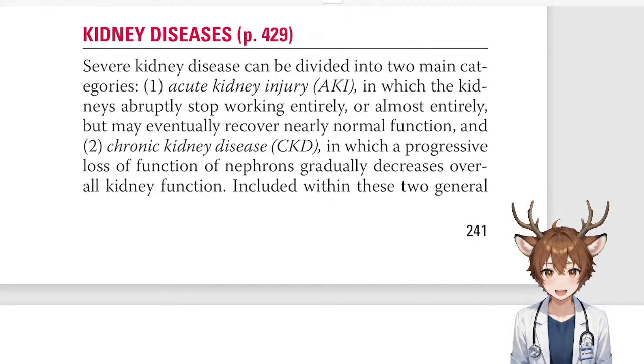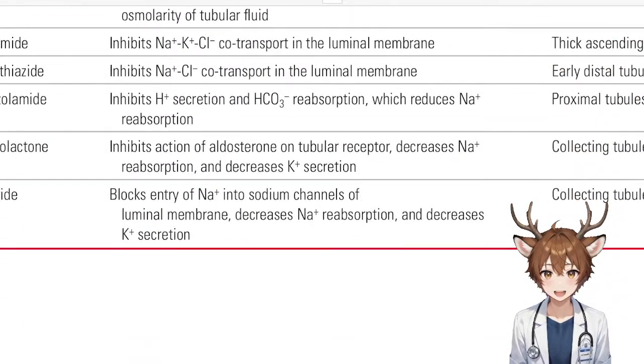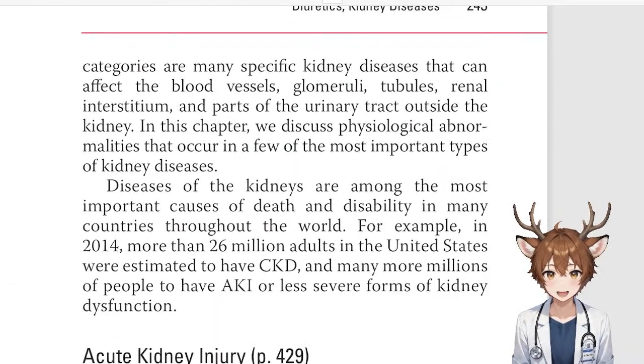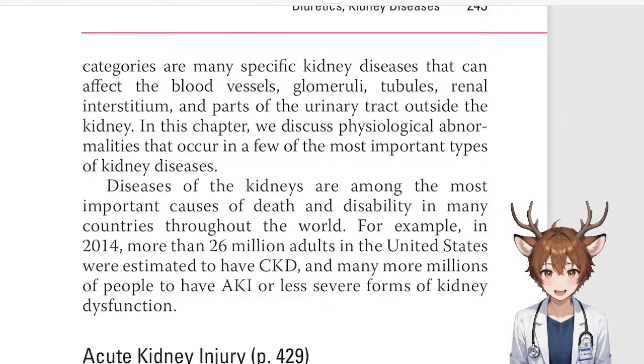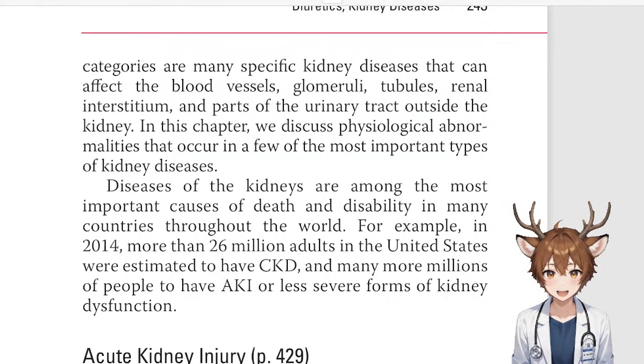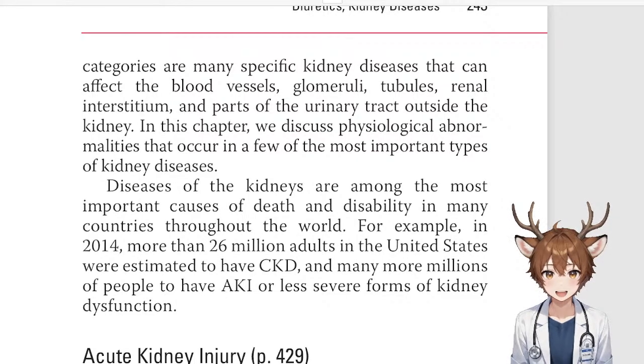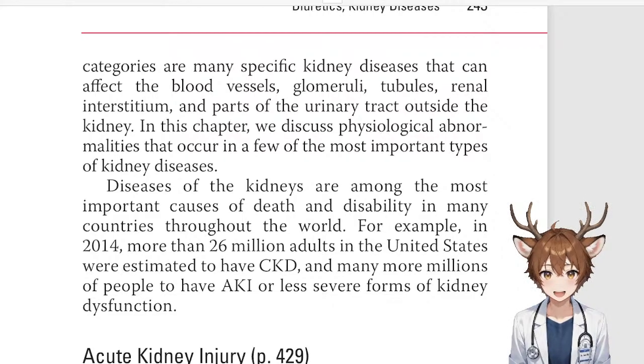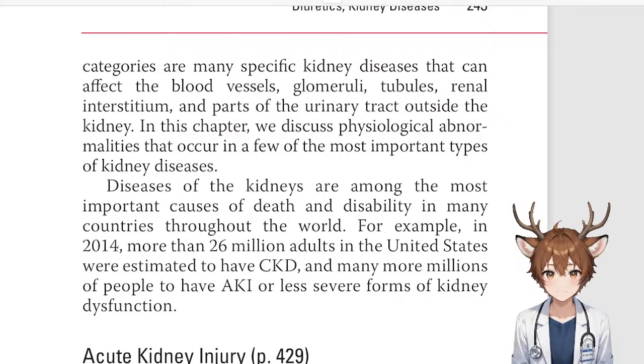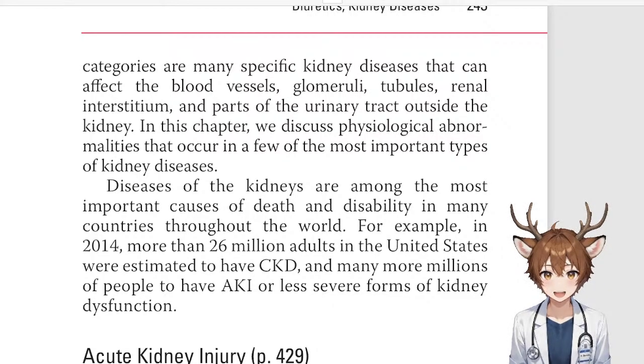Included within these two general categories, and this is a big table, I'll get back to that later, are many specific kidney diseases that can affect the blood vessels, glomeruli, tubules, renal interstitium, and parts of the urinary tract outside the kidney. In this chapter, we discuss the physiological abnormalities that occur in a few of these most important types of kidney diseases.